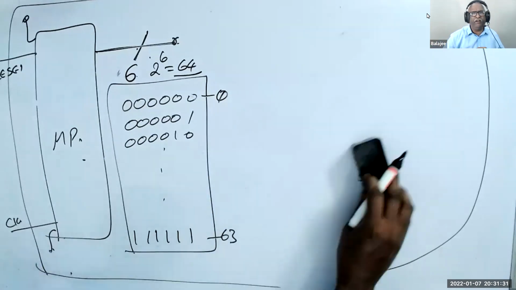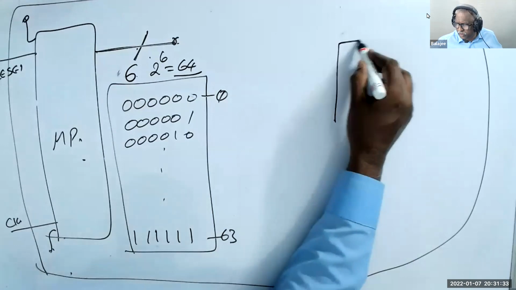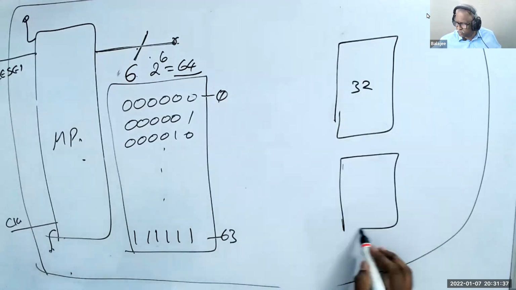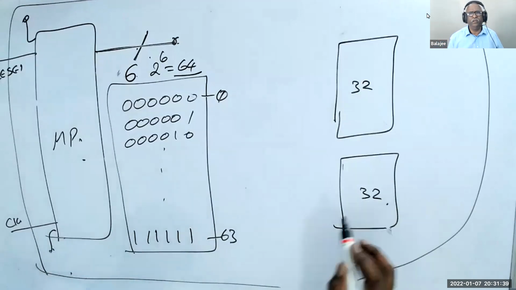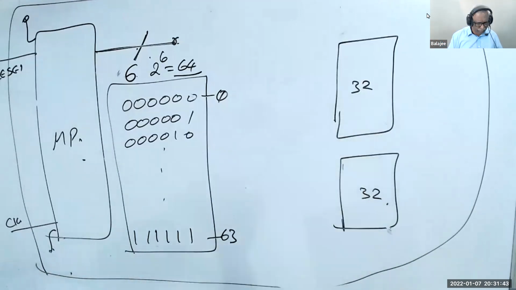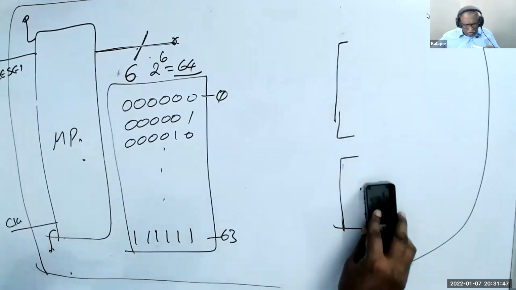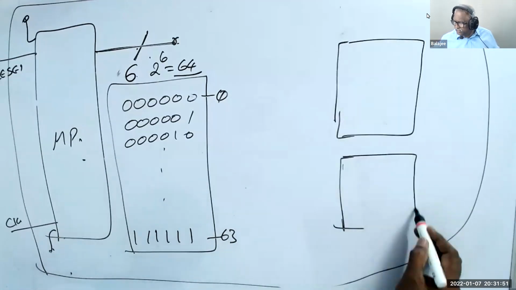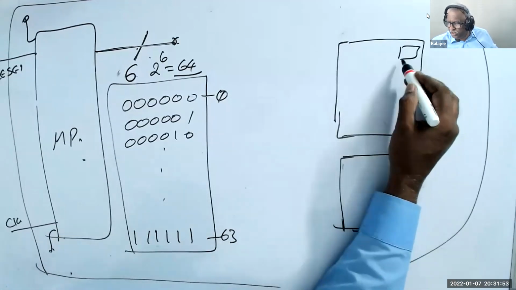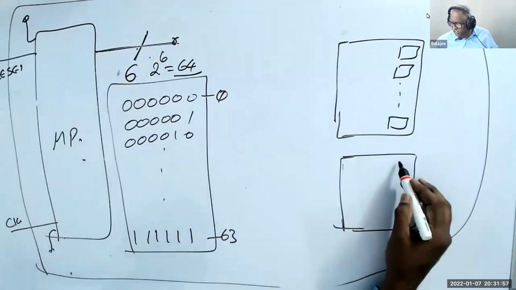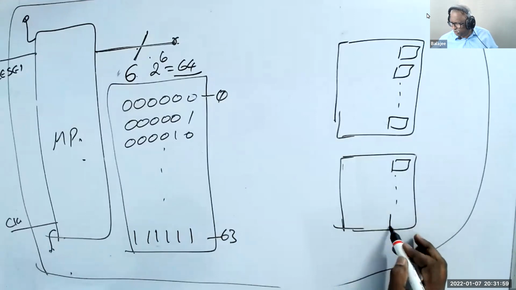Assuming that I have 2 blocks, one block is 32 and another block is 32. That means each block has 32 small units.